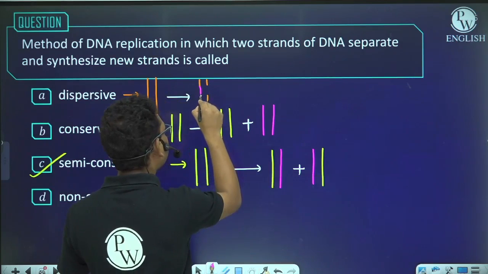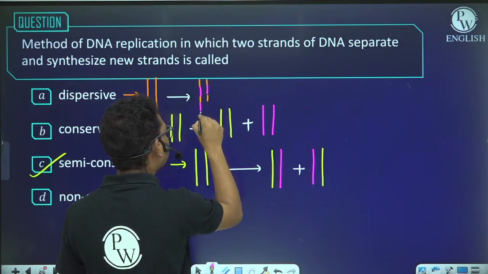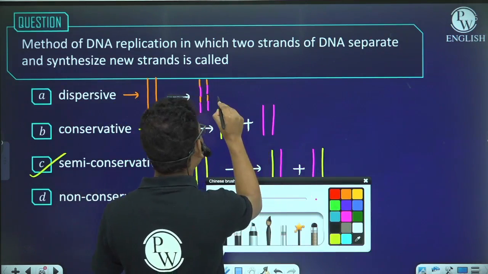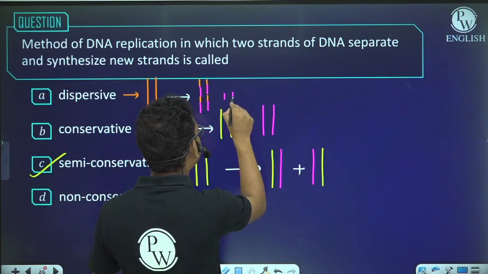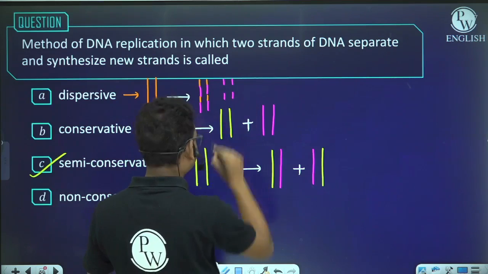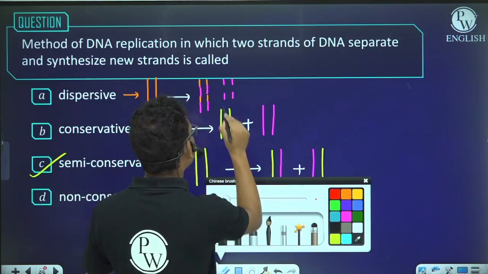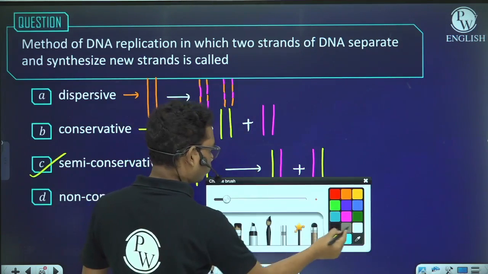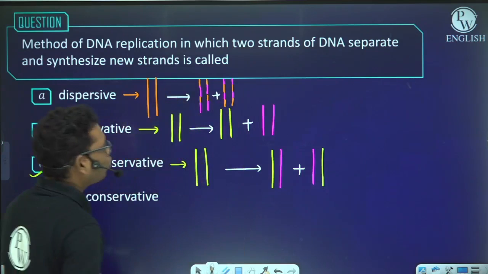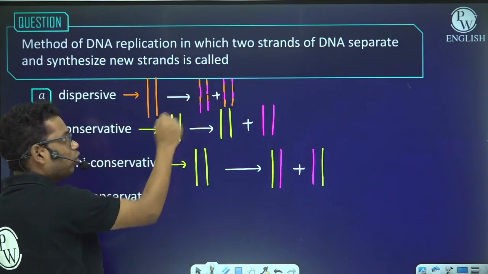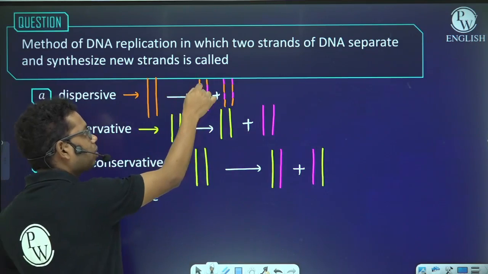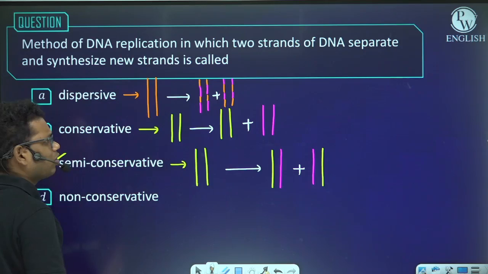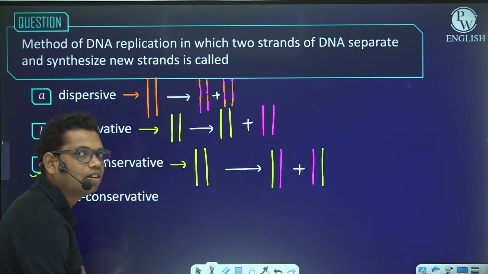So this is newly synthesized part, this is newly synthesized, okay. Now in this case, you can see each strand of the daughter DNA consists of both parent segment and newly synthesized segment. So this type of DNA replication is called as dispersive.